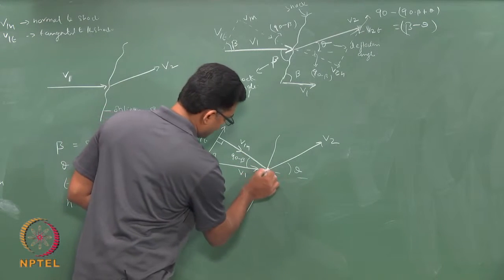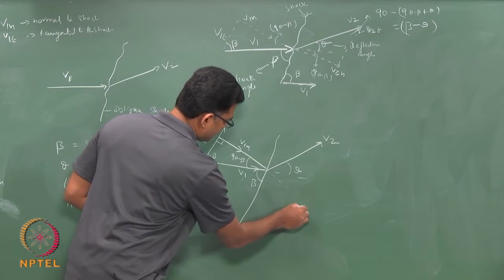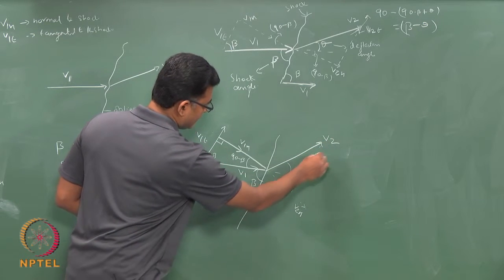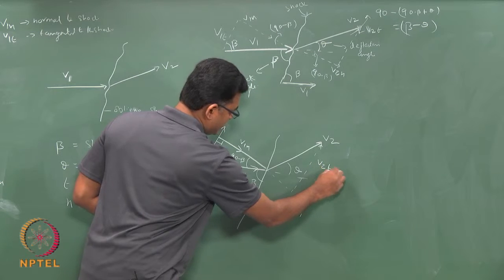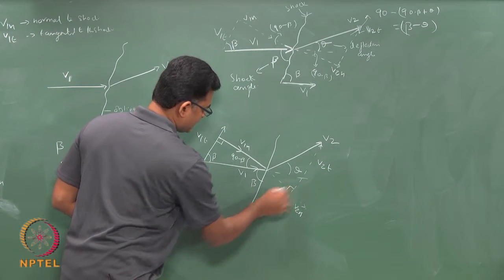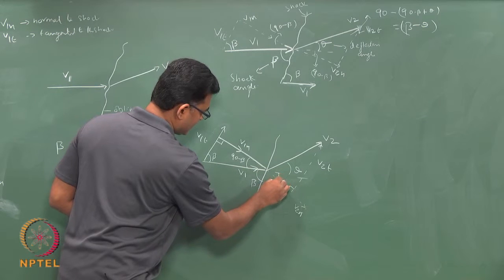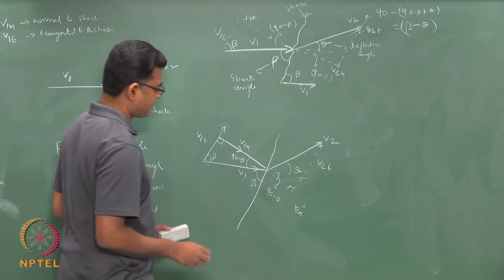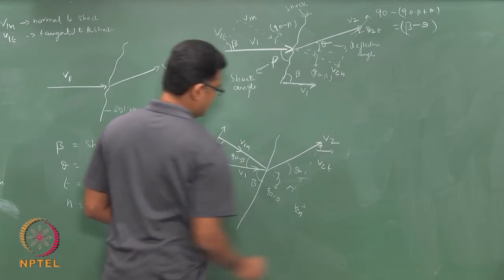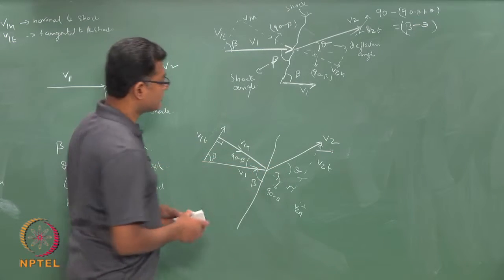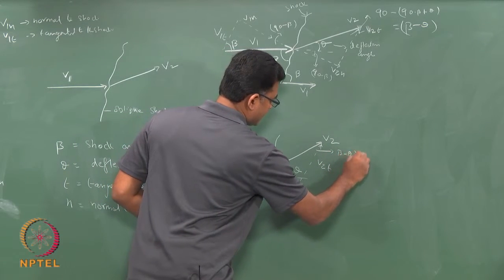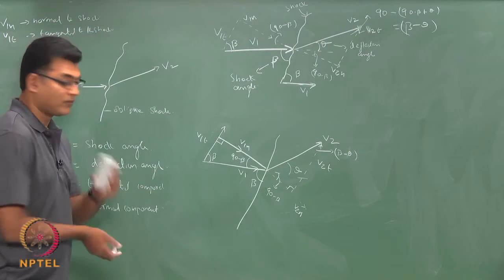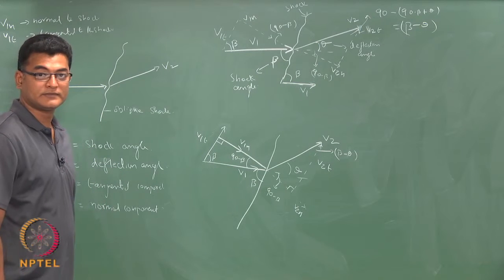So, the normal you can extend it here. So, that is my V2n, then I have a tangent that is coming here, that is my V2t, this is 90 degrees, this angle is same as this angle, which is 90 minus beta, and this angle is 90 minus this angle put together. So, that would be beta minus theta. Okay. So, now we know all the components and all the angles.